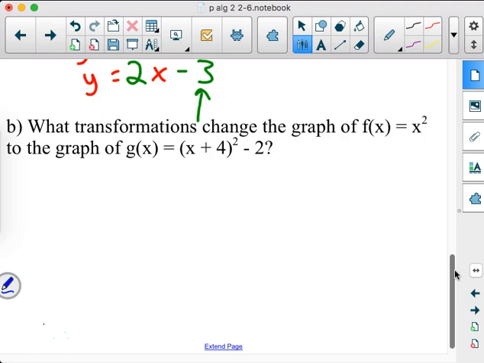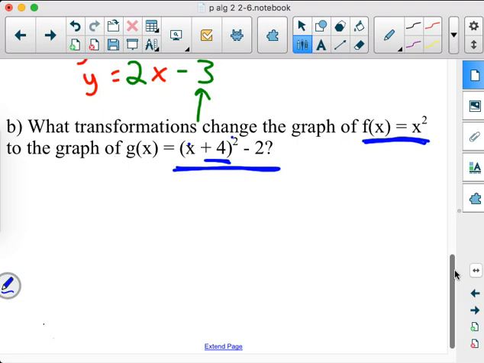B says, what transformations change the graph of f of x equals just x squared to this, the quantity x plus 4 squared minus 2. All right. Well, this is still x squared, but there's a plus 4 in there. Okay, hang on a minute though. That's attached to the x.